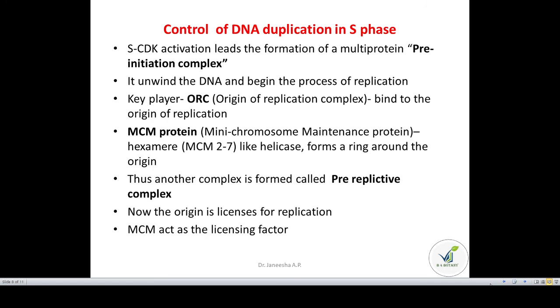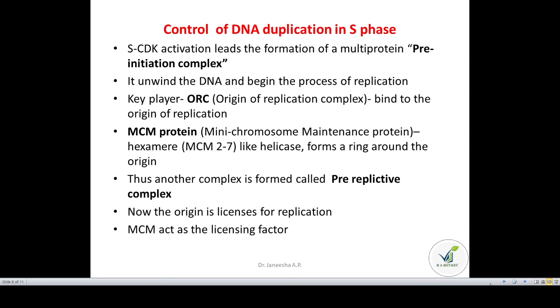So ORC binds on the origin of replication, and then the MCM protein also forms a ring around that origin. So another complex is formed called the pre-replicative complex. After the formation of the pre-replicative complex, the origin is licensed for replication.